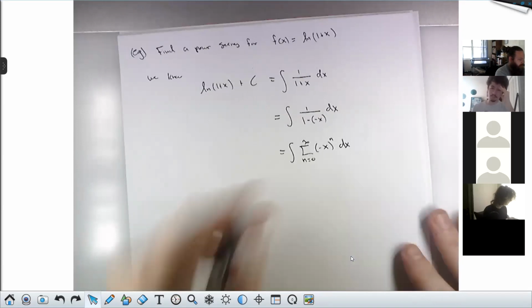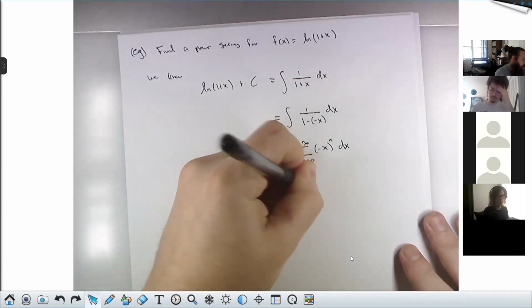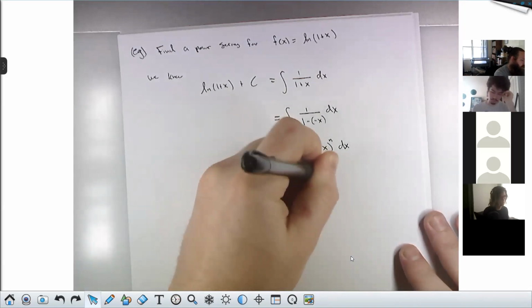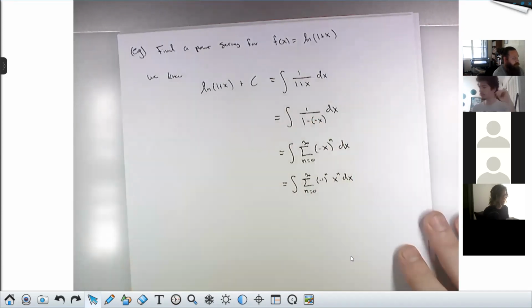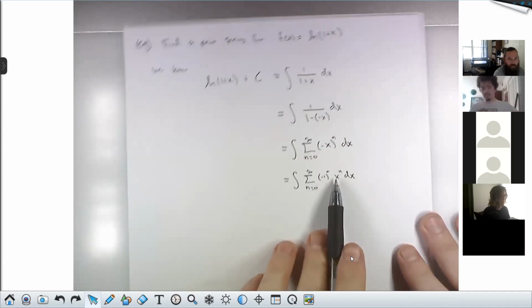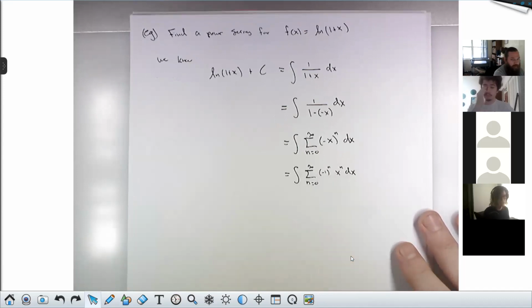And what I mean by simplify here is exactly that. I need to rewrite this negative x to the n as negative 1 to the n times x to the n dx, because the integral is only going to affect the x, right? Stuff with n's, including the sigma, are constant with respect to the integral.